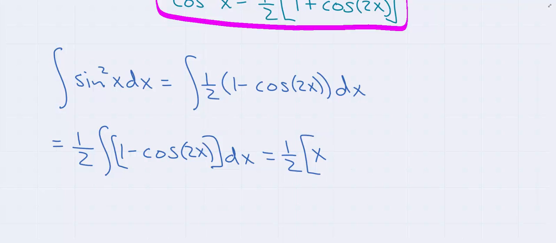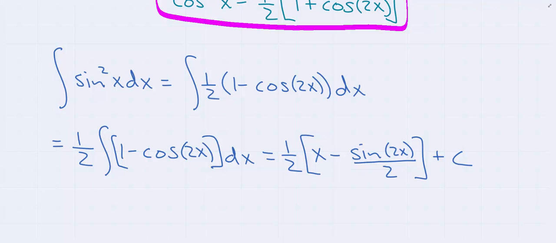But this is not the antiderivative of cosine x, it's the antiderivative of cosine 2x, where the 2x is just a linear term. So we can write that as sine 2x, and we just remember to divide by the derivative of the inside. Or you could go through a whole substitution, but you would find that you're just dividing by the derivative of the inside.